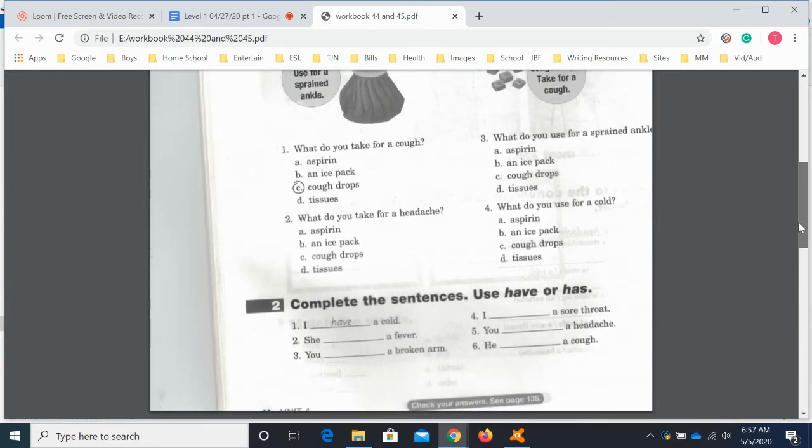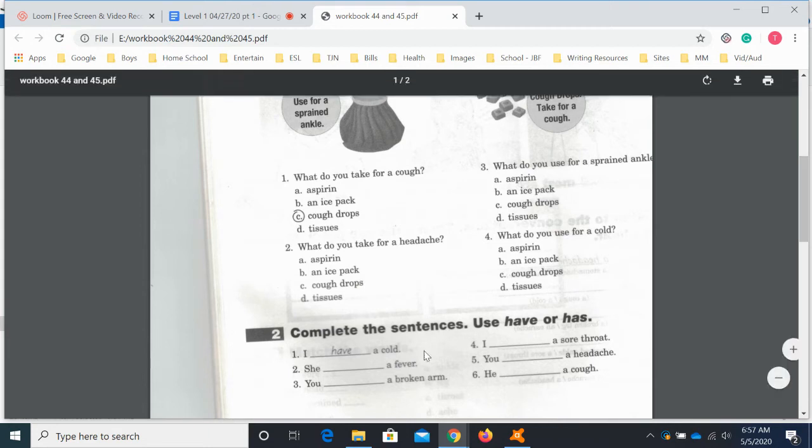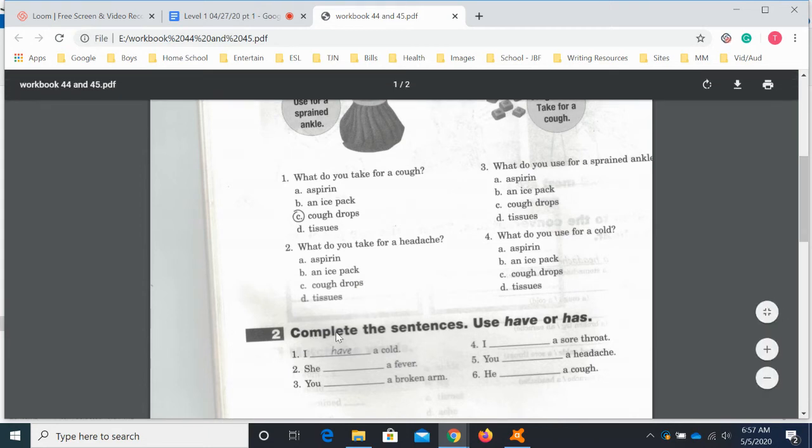complete the sentences. Exercise 2, complete the sentences. Use have or has. Number 1, I have a cold. Number 2, she has a fever.